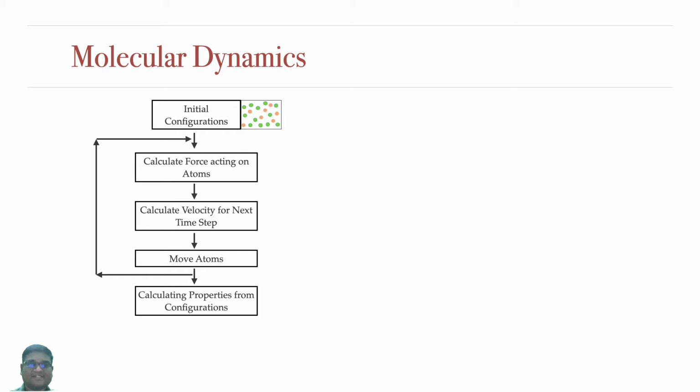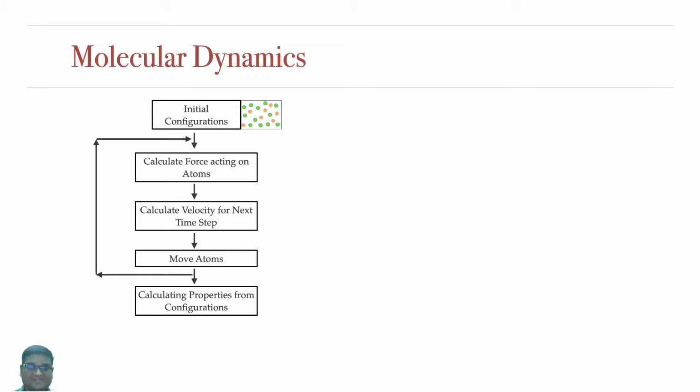Then based on the force, we'll calculate the velocity of an atom by applying Newton's laws of motion, and based on the velocity, for the next time step, we can know the exact position of each individual atom. So we'll move the atom, and that gives a new configuration.